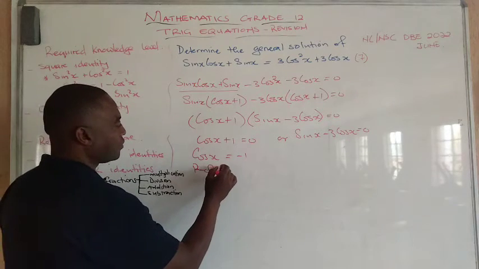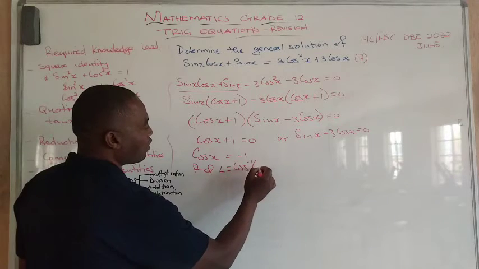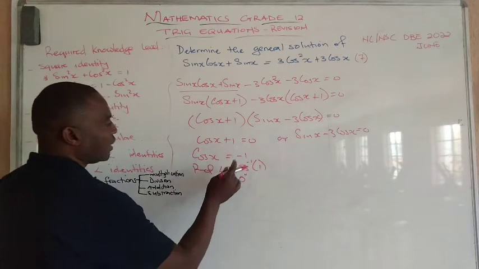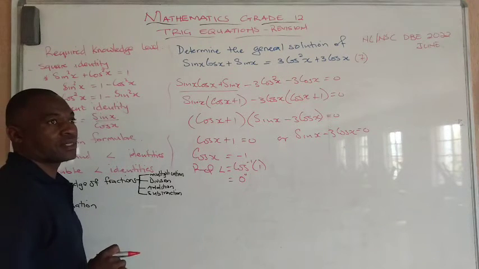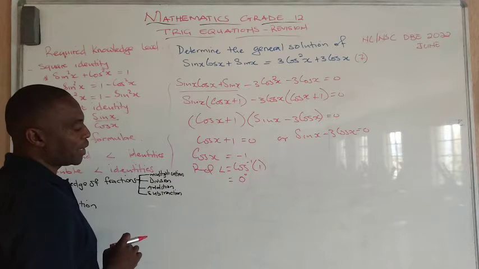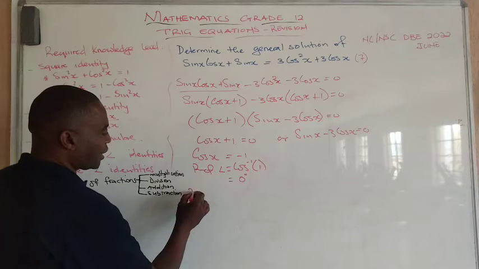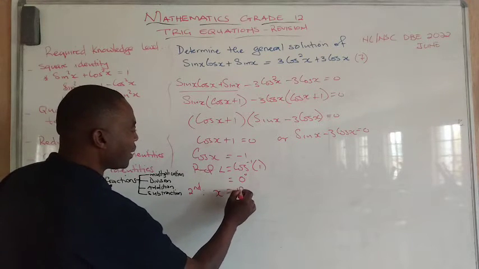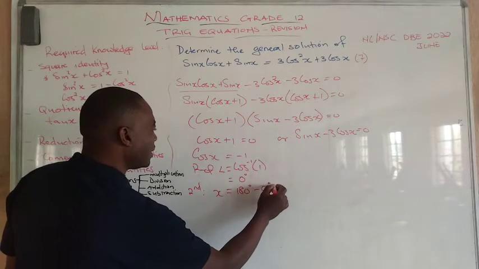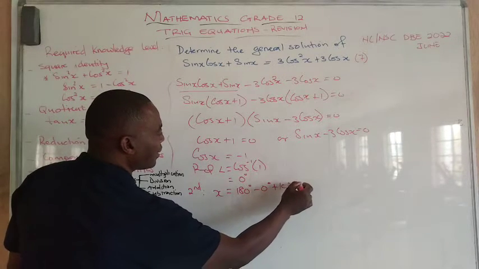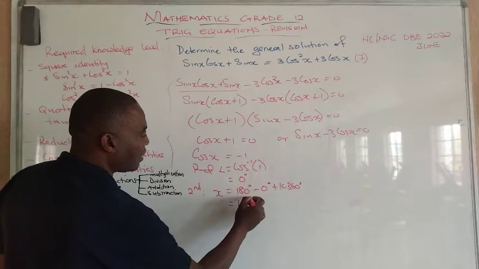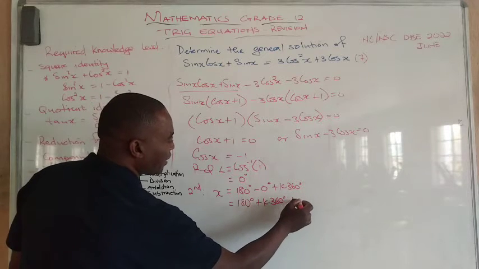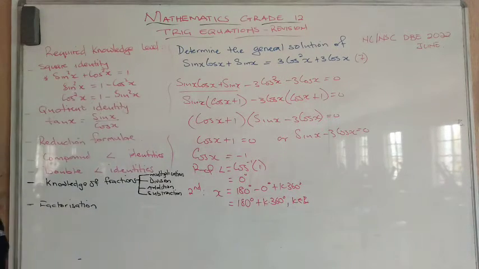Our ref angle will be cos inverse of 1, and cos inverse of 1 is 0 degrees. Our ratio is negative, so it's referring us to quadrants 2 and 3. In quadrant 2, we'll have x equal to 180 degrees minus 0 degrees plus k times 360 degrees, which is 180 plus k times 360 degrees, where k is an element of integers.